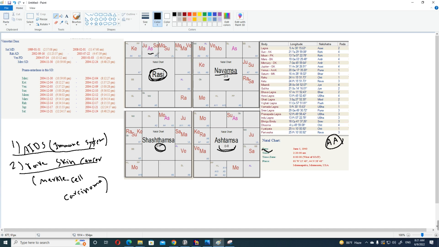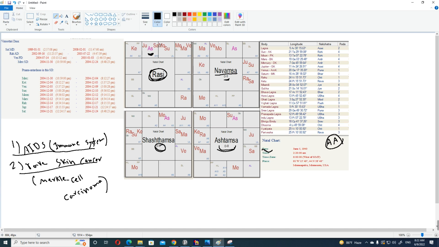These are all signs, and each sign equals a house in Vedic astrology. Say the ascendant is placed here, and then this sign, that is Aries, is the first house. This is the second house, third house, 4, 5, 6, 7, 8, 9, 10, 11, 12. You move clockwise from the ascendant until you reach the 12th house.